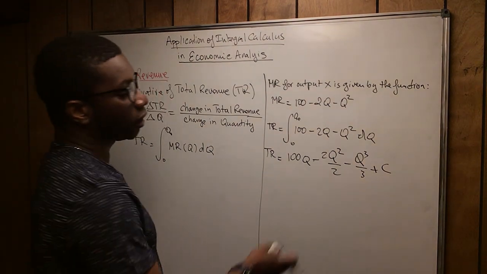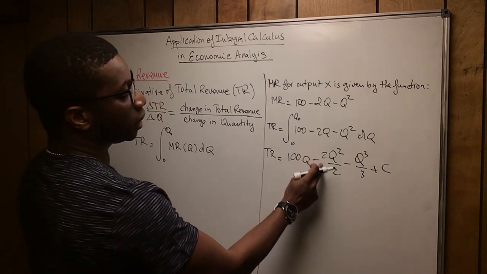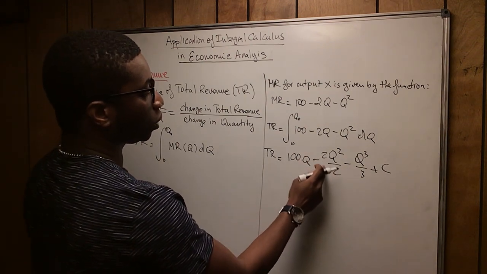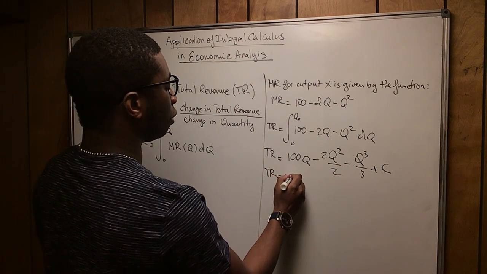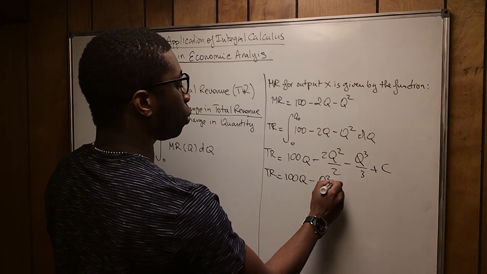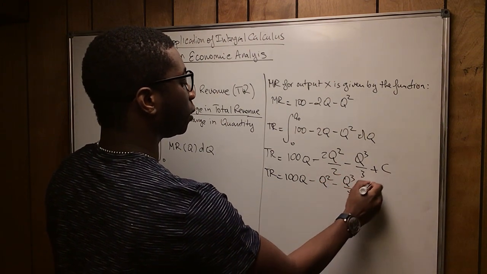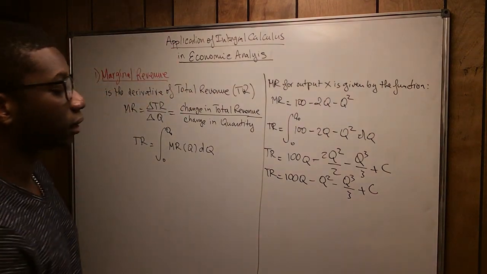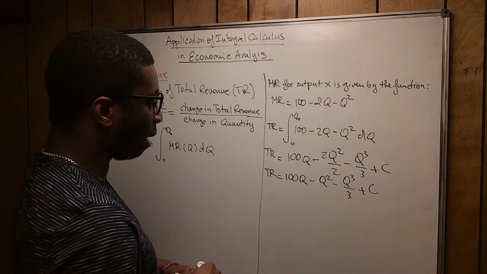Of course, you can try to simplify by simply cancelling the 2 here. So it's going to leave you with TR equals simply 100Q minus Q squared minus Q cubed over 3 plus C.